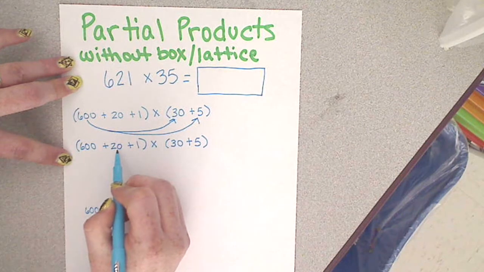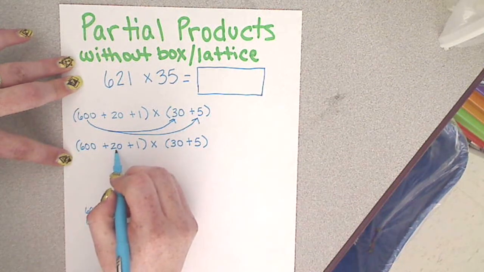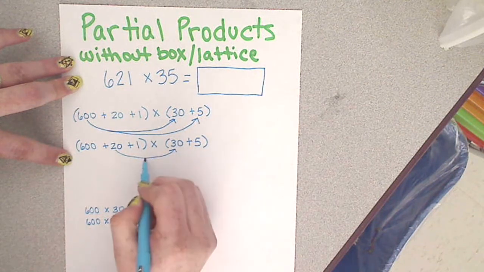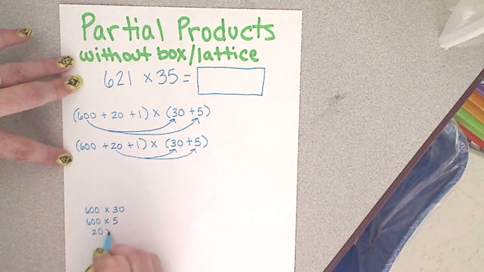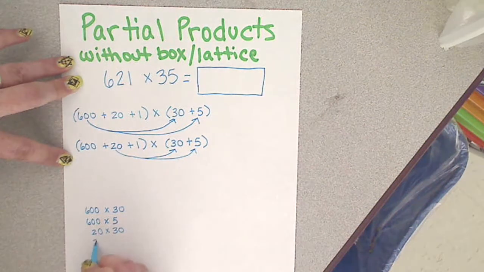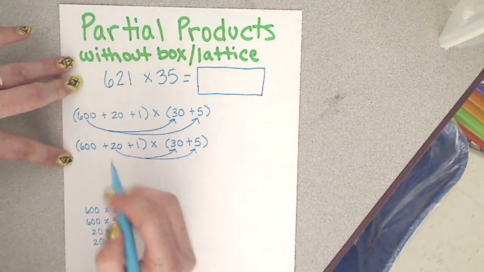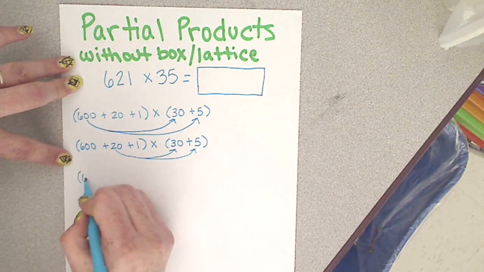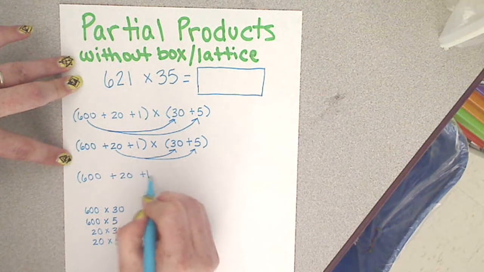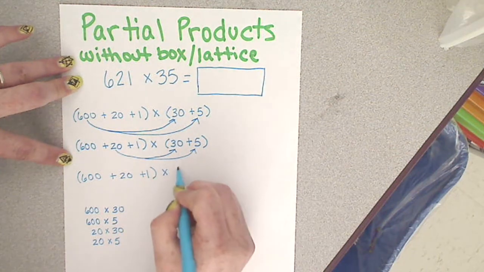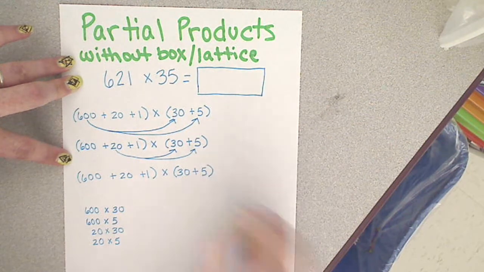Now I move on to my next value, and I'm going to multiply the 20 times 30 and the 20 times 5. One last time: 600 plus 20 plus 1 times 30 plus 5.